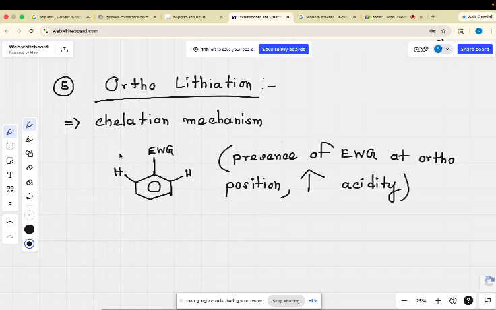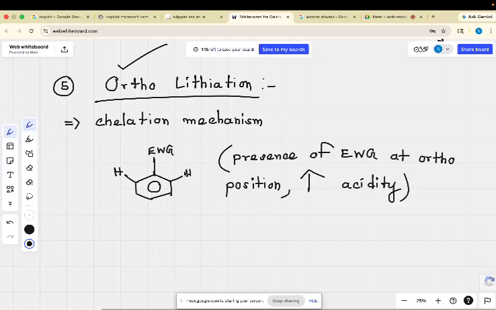Okay, so this is the one and only condition for ortholithiation. The name itself says ortho, so that means if you have some electron withdrawing group, the hydrogens present on the ortho position become acidic, and once they become acidic, the alkyl lithium species will abstract this proton very easily.